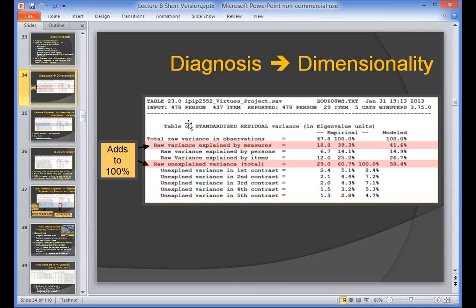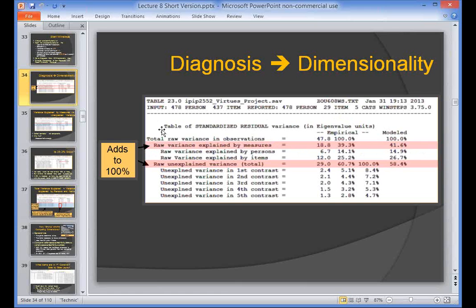So it's diagnosis menu dimensionality. So we're all together?